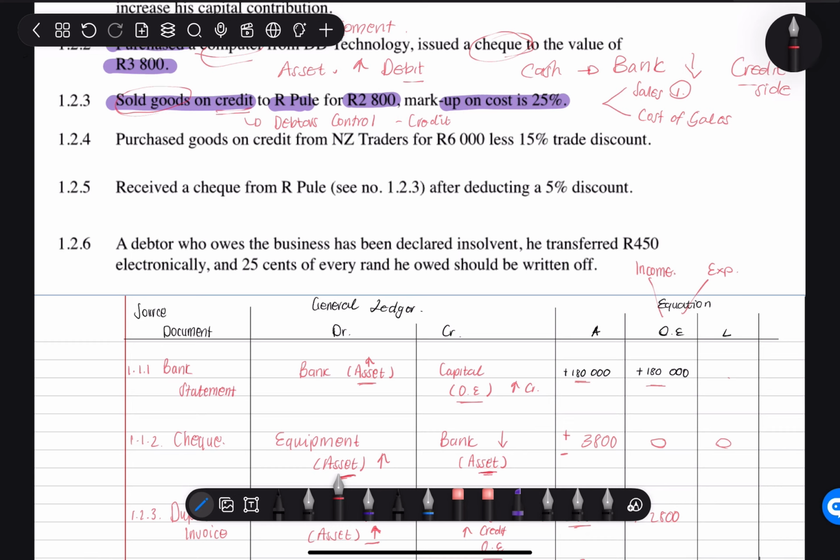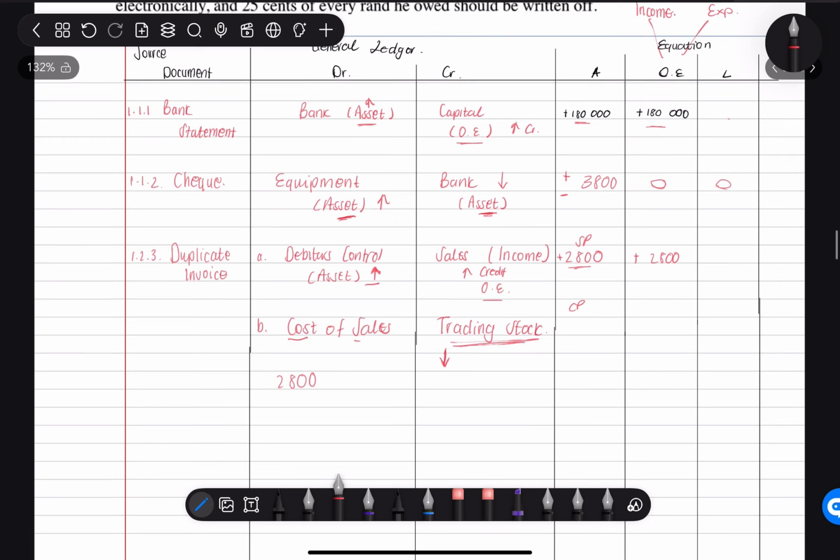So 2,800 multiplied by 25 over 125, and this gives you an answer of 560.